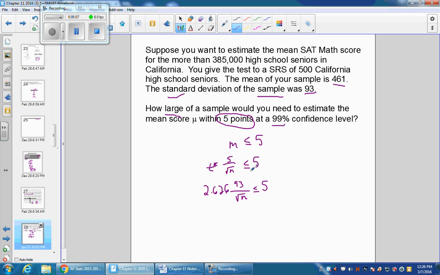So now we multiply 2.626 times 93. That's 244.218. Now I multiply by the square root of n, so it's 5 times the square root of n.